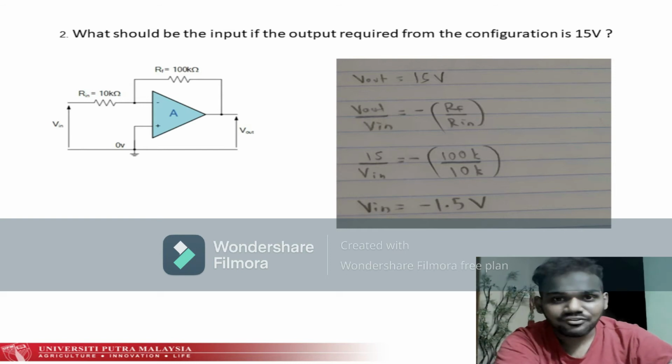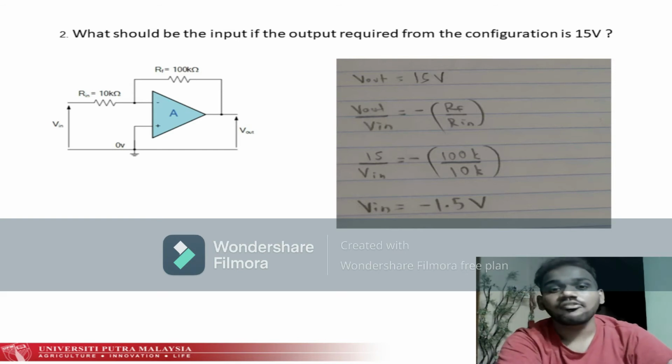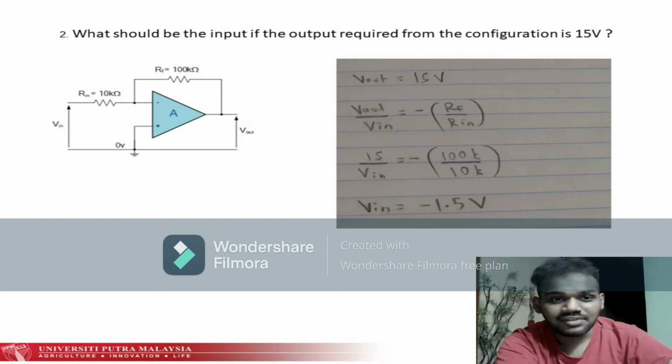And the formula for the inverting operational amplifier goes like this, which is Vout over Vin equals negative Rf over Rin. The values of Vout, Rf and Rin are given in the question. By substituting the given values into the formula, we find that the Vin is equal to negative 1.5 volt. Thank you.